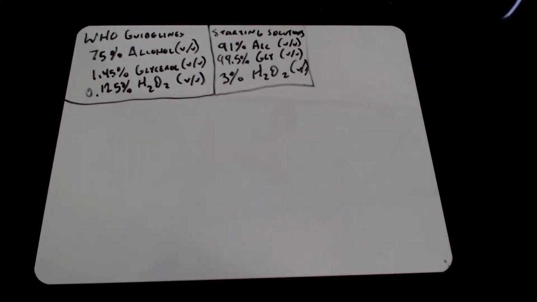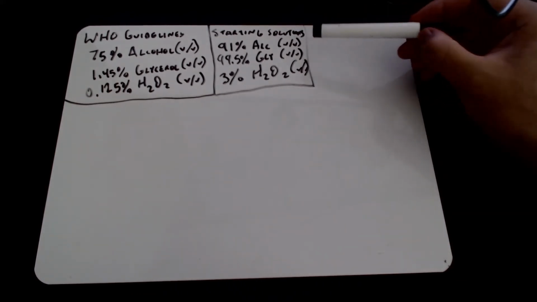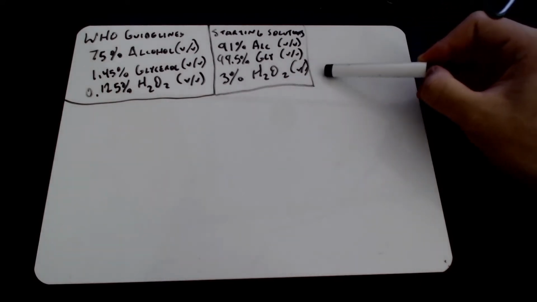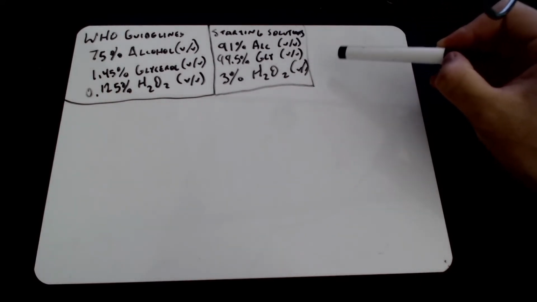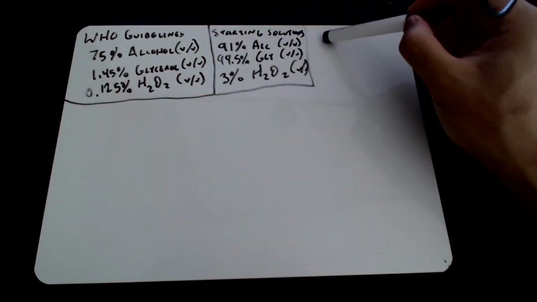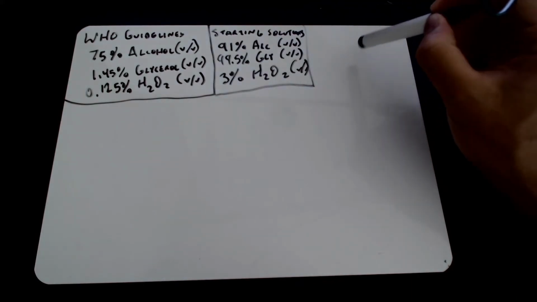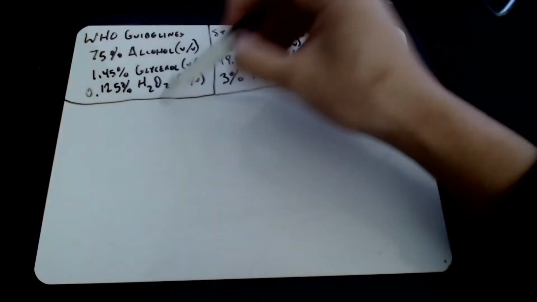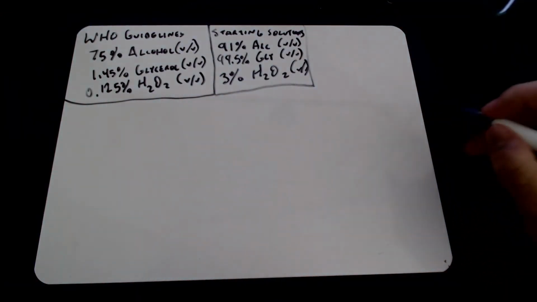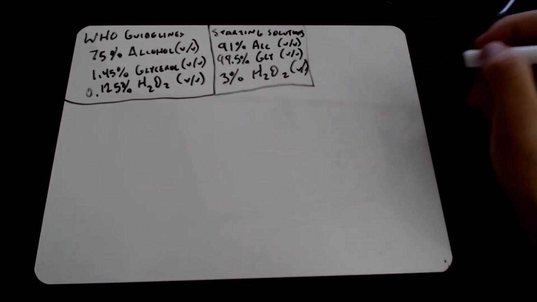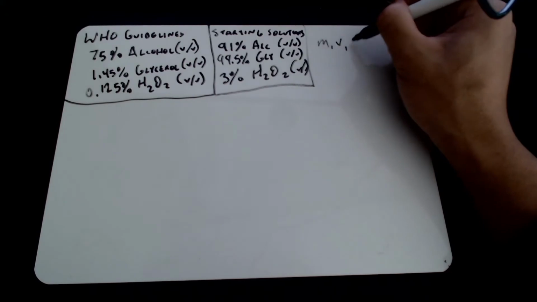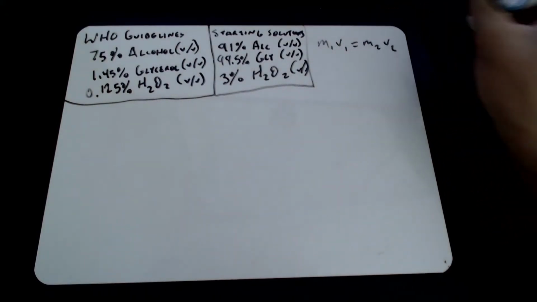However, in my case, we're starting with 91% alcohol, 99.5% glycerol, and 3% hydrogen peroxide. So to get from our starting solutions to a 500 milliliter preparation of a solution following the WHO guidelines, we're going to be calculating how much of each reagent to use using the equation M1V1 equals M2V2.